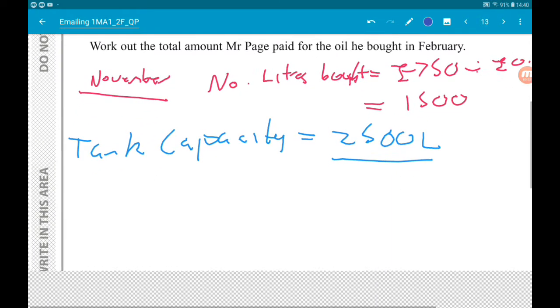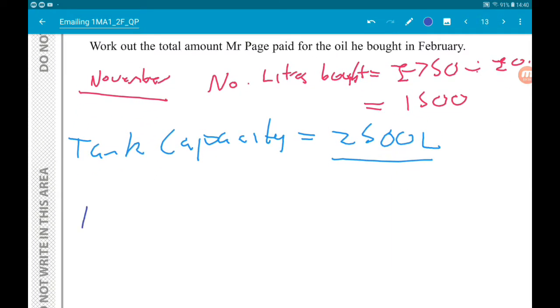So, now in February, so he now had to buy, we now know in February he has 600 litres left.